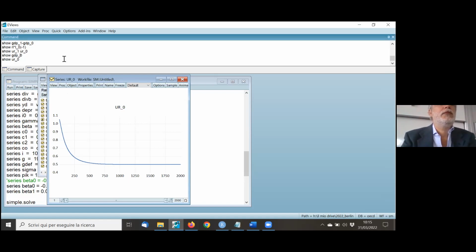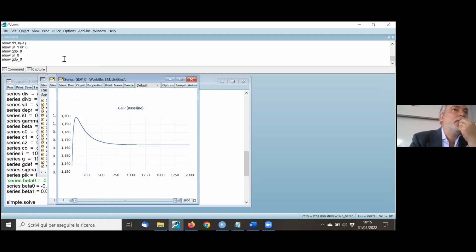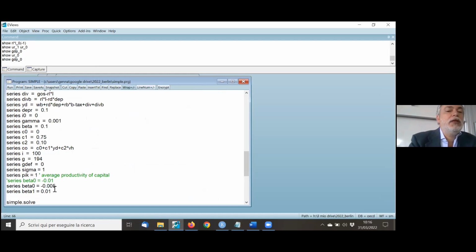Is a utilization rate of 50% reasonable? Is it a reasonable value now, with 0.5 for B1? Let's just have this at 0.